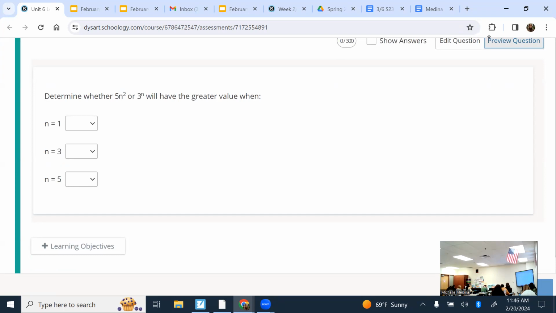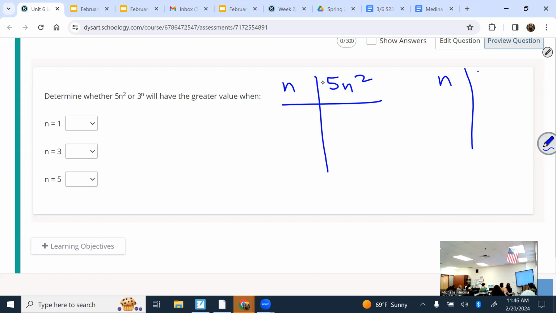Looks like n is our input, and then 5n squared for the output, and then we'll do 3 to the n for the other output. So the n values that we're testing are 1, 3, and 5. For each situation, you are plugging in n into the expression and then seeing what the calculator tells you.